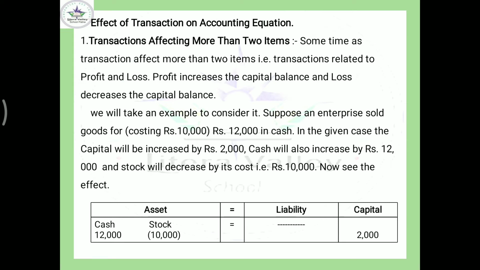The sale was made for cash, so the business is going to receive 12,000. Certainly the cash balance of the business will increase by 12,000, and the goods sold by the business were costing 10,000, so obviously stock will reduce by 10,000.